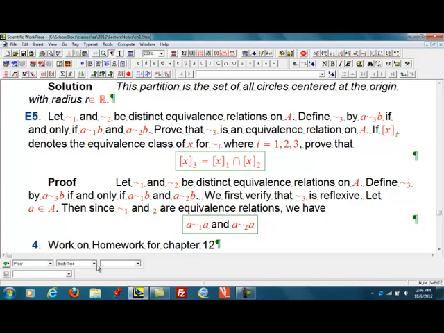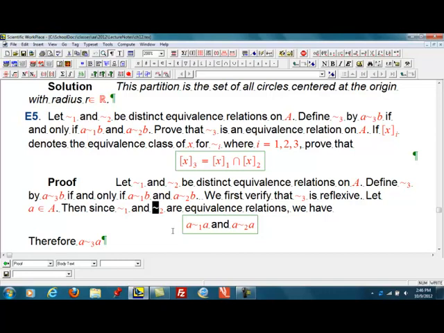So I know A is equivalent to itself under both of them. What does that tell us? Yeah, A is 3 equivalent to A. Oh, yeah, we missed a little equivalent sign there, didn't we? There we go. So I know that our equivalence relation 3 is reflexive, right?